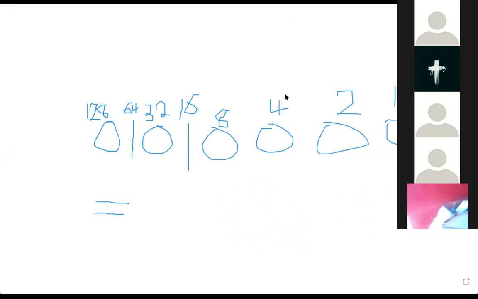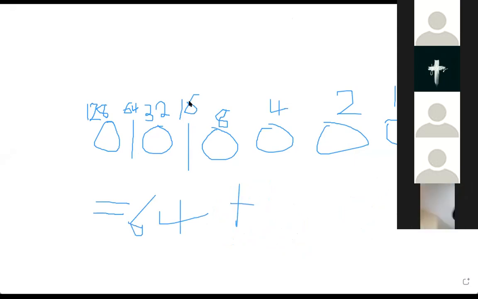Okay. Now from here, wherever 1 is, you pick it. Where there is a 0, don't pick it. So here there is a 1, so you write your 64 plus, here there is a 1, so 16. Then you sum these up.